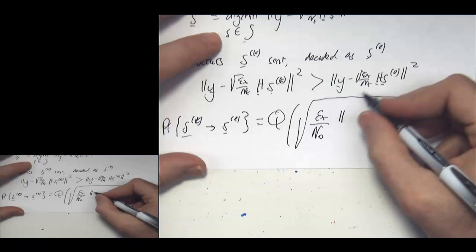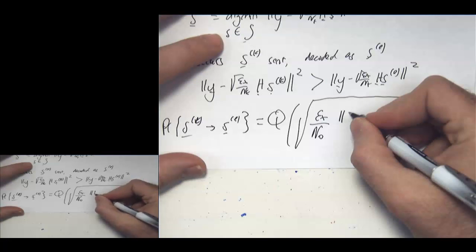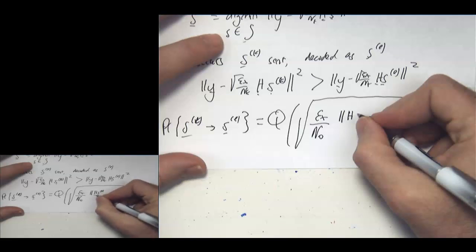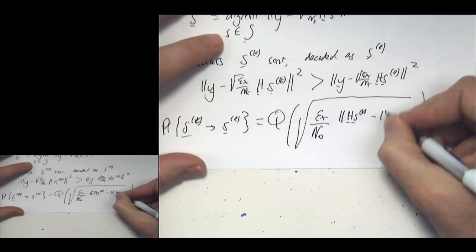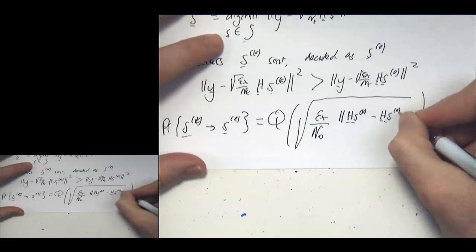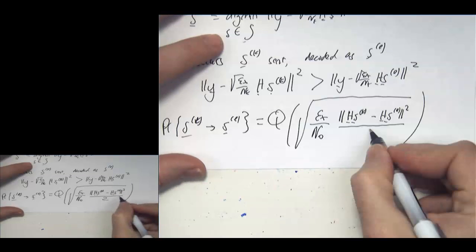Here, this is the Euclidean distance between h s of k, that vector, and this other vector, h s of L, squared over 2.